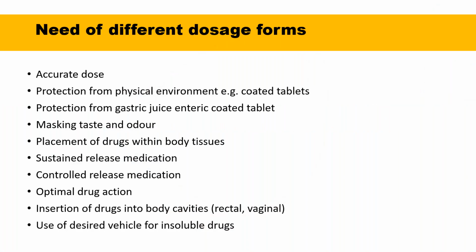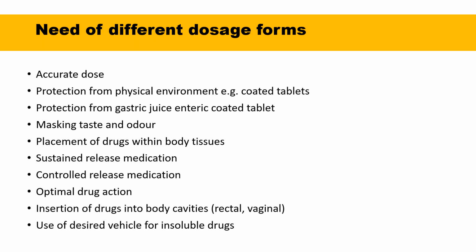Again, have a look at the needs for a different dosage form: accurate dose, and protection from the physical environment. We coat the tablet for this purpose. Protection from gastric juice, for example enteric coated tablets. Masking the taste and odor of the medication.